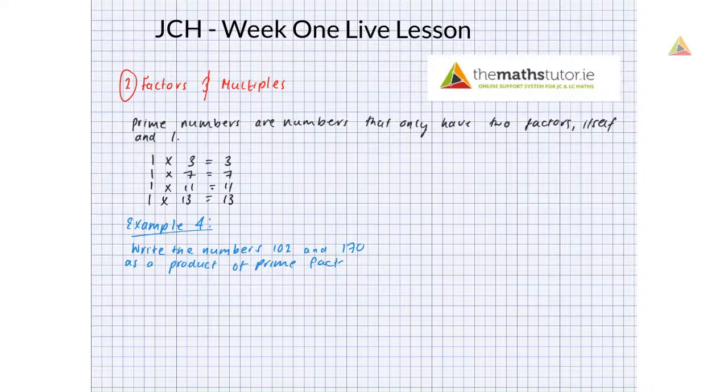So this is a real higher level question. Now, the way you're going to do this is you're going to look at 102 and you're going to look at 170, okay? So you're going to start by dividing the lowest prime number you have into both numbers.